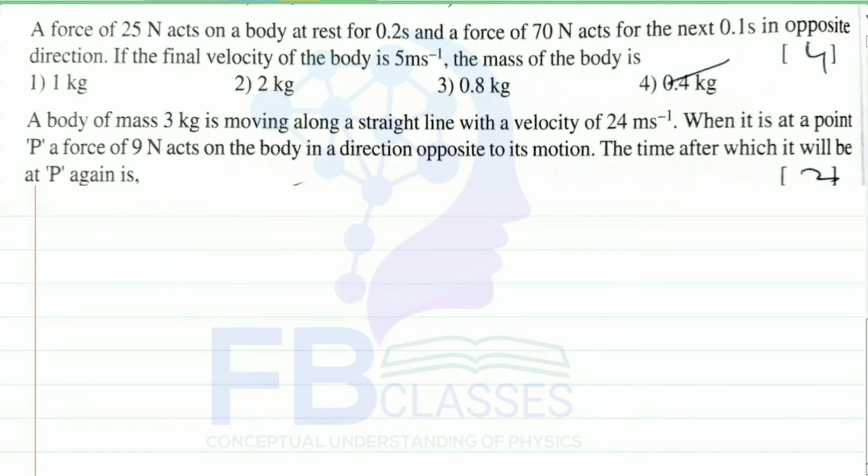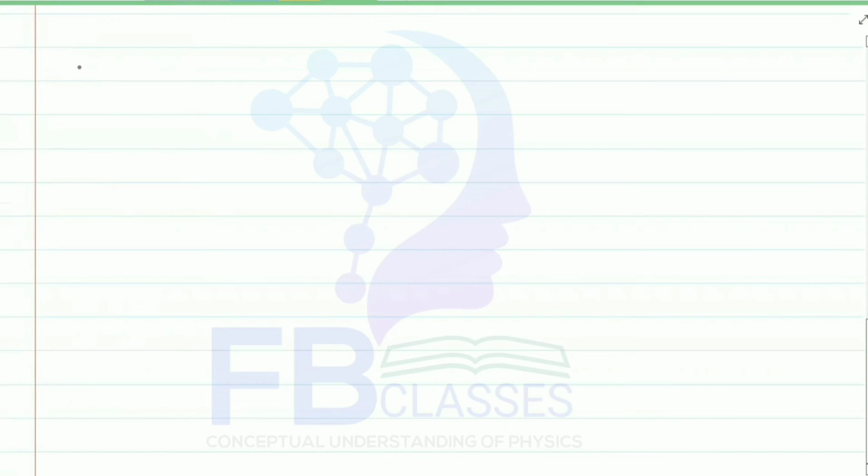Okay, see, I am going to tell you the answer. F is equal to 25 newtons is given and u is equal to 0, which is at rest, and time is given, in the first case, as 0.2 seconds. Now we have to find the momentum, that is p is equal to F into t.